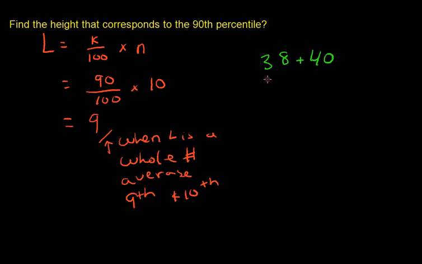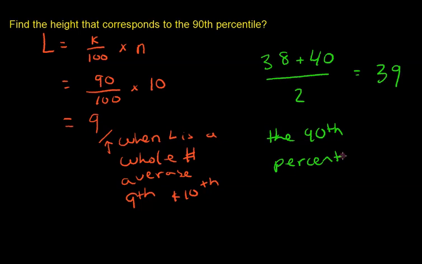Add them up, divide by 2, and you should get 39. So the 90th percentile is 39, which means that 90% of 2-year-olds are less than 39 inches.